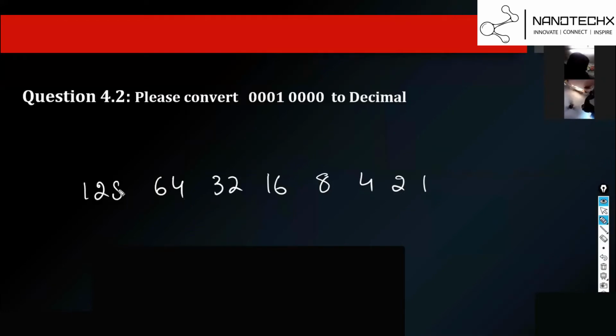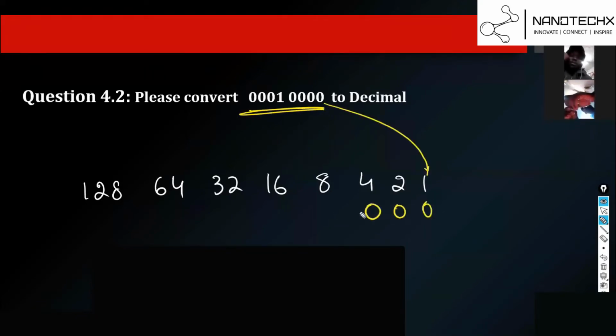And now what is our number? Let's write our number: 0, 0, 0, 0, 1, 0, 0, and 0. So this is our number, which is in yellow. You can see here, I have just mentioned this number in here.